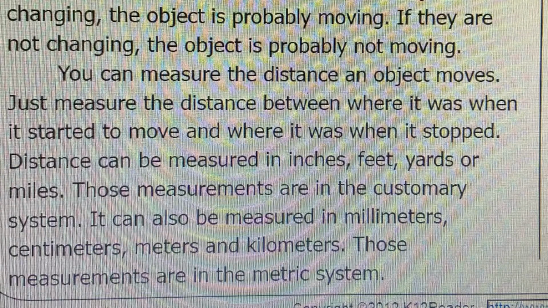Just measure the distance between where it was when it started to move and where it was when it stopped. Distance can be measured in inches, feet, yards, or miles. Those measurements are in the customary system. It can also be measured in millimeters, centimeters, meters, and kilometers. Those measurements are in the metric system.